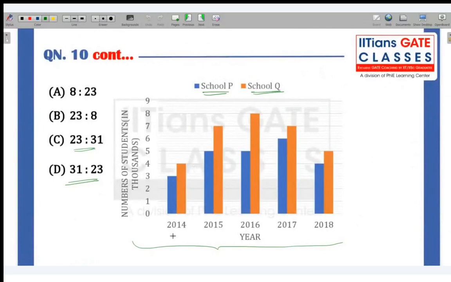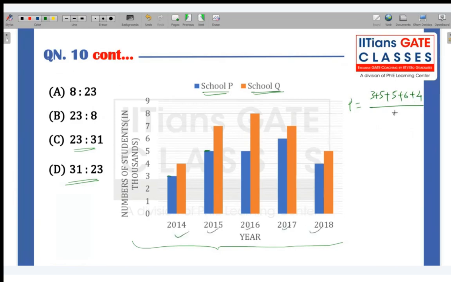How many students are there in 2014 for P? I'm finding the average here. So 3 plus 5 plus 5 plus 6 plus 4. How many years are there? 1, 2, 3, 4, 5, so you divide by 5.